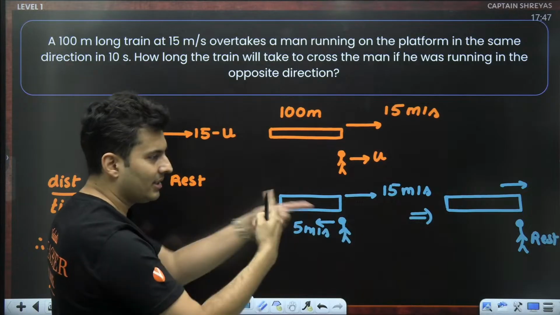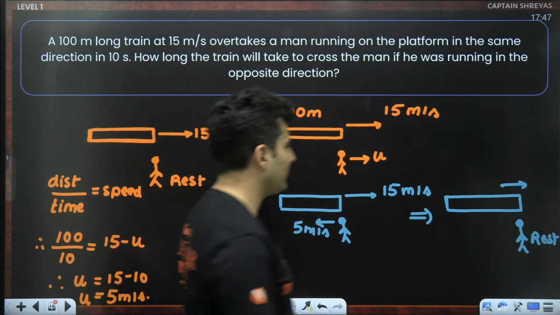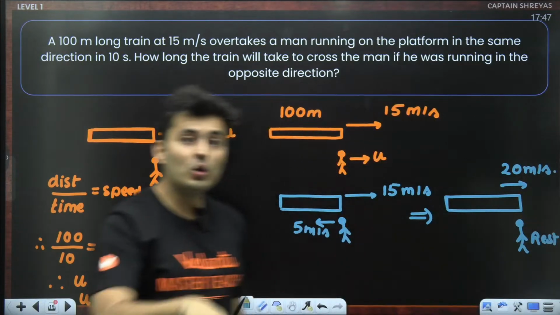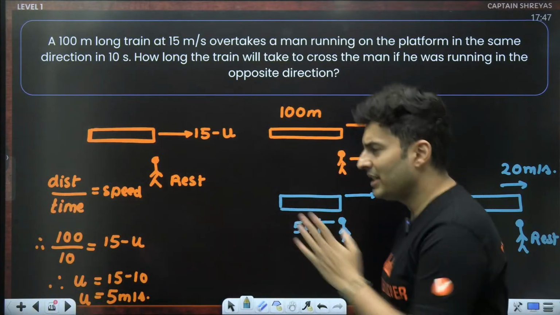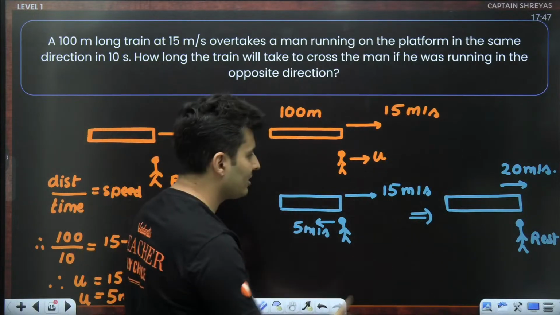In opposite direction, turn it, it becomes plus. You add the speeds, so it should become 20 meters per second if you consider yourself to be the person. The person is moving in the opposite direction, the train is going against me, the speeds will add, it will become 15 plus 5, which is 20.